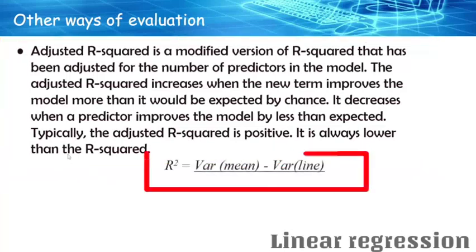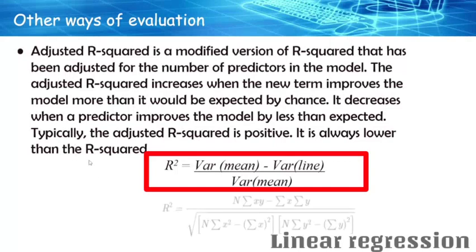Basically, R square is nothing but variation of the mean minus variation of the line, divided by variation of the mean. So this is R square.